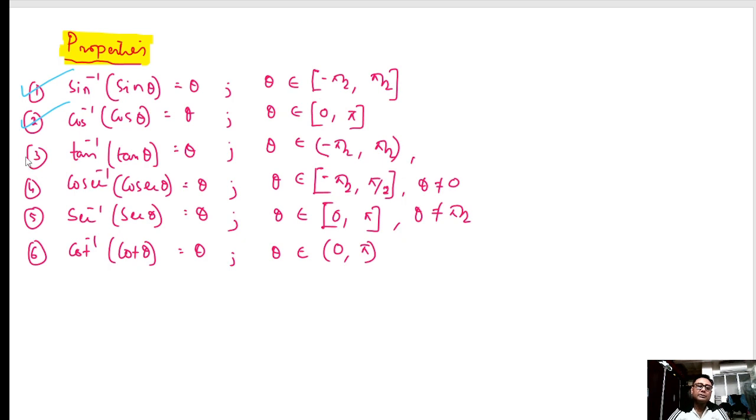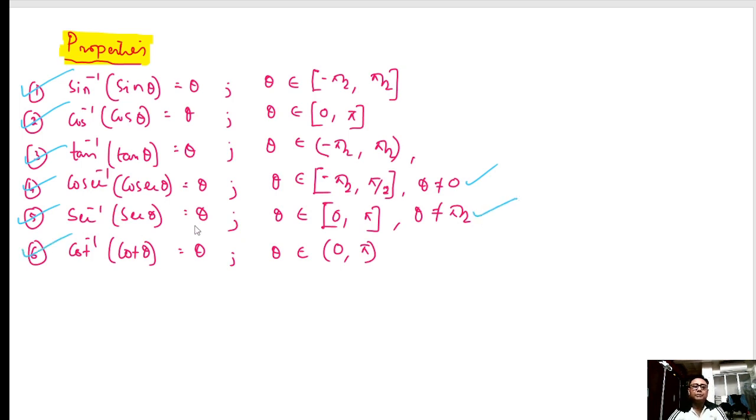Tan inverse of tan theta is theta, and theta should lie between minus pi by 2 to pi by 2. Cosec inverse of cosec theta is theta, and theta should lie between minus pi by 2 to pi by 2, but we cannot take 0. Again, sec inverse of sec theta is theta, it lies between 0 to pi, but we cannot choose pi by 2.